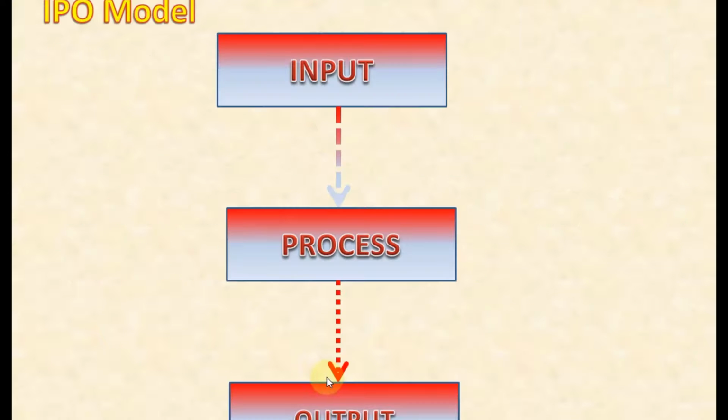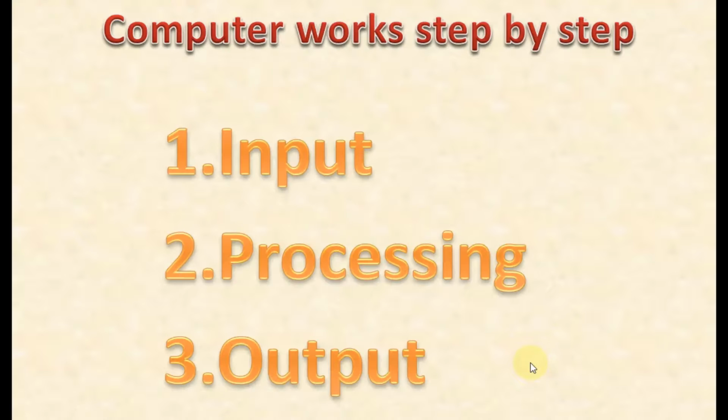Now, let us learn the IPO model. Do you know how a computer works? A computer works in the IPO model. That means input, process, output model. You know, a computer works step by step.